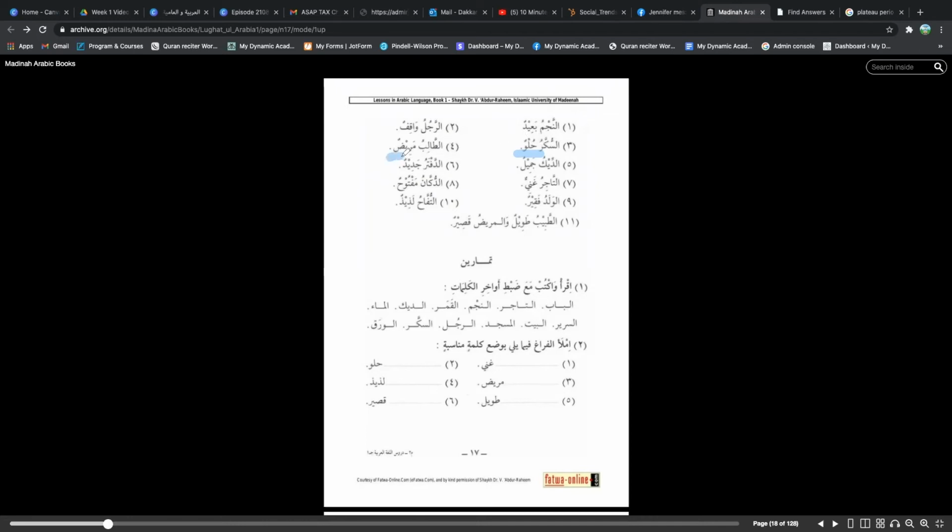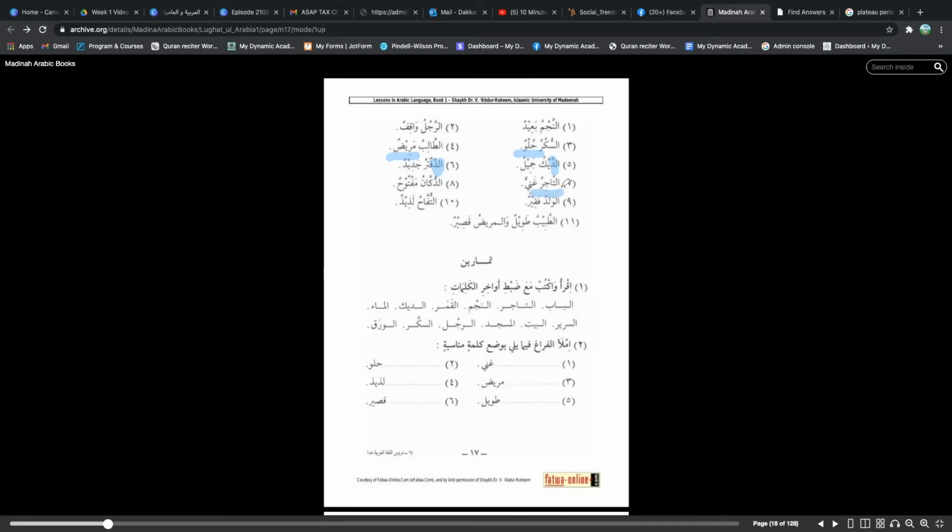At-talibu maridun. Maridun means sick. The student is sick. Ad-diiku, once again, dal is min huruf al-shamsiyya, a sun letter, so we say ad-diiku. Ad-diiku jamilun, the rooster is beautiful. Ad-daftaru, dal, sun letter, ad-daftaru jadidun, the notebook is new.